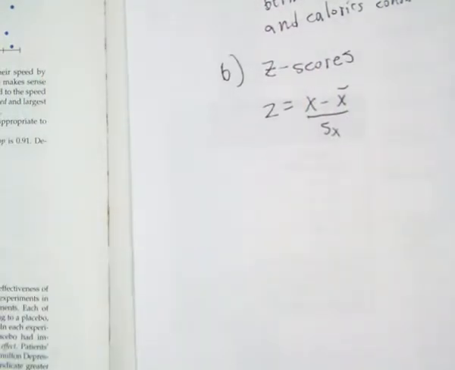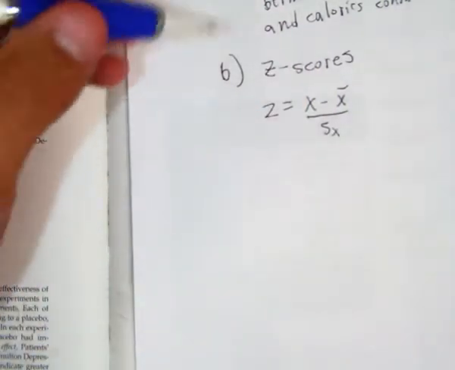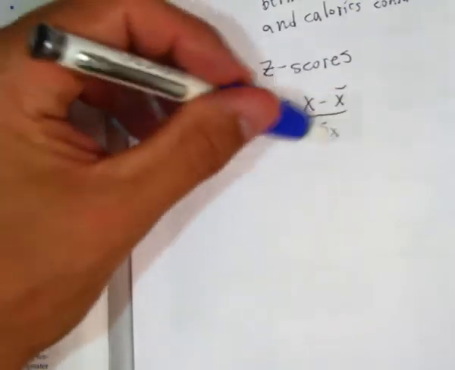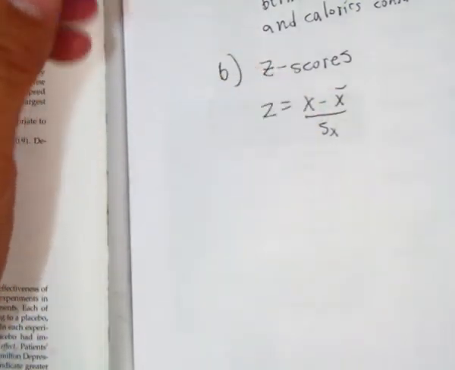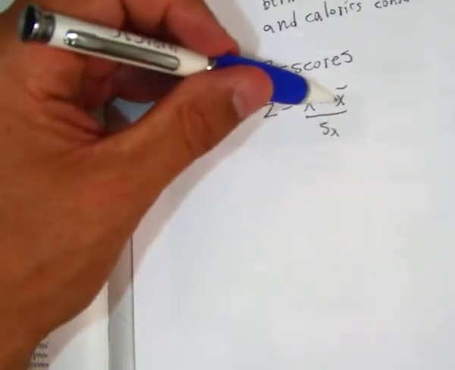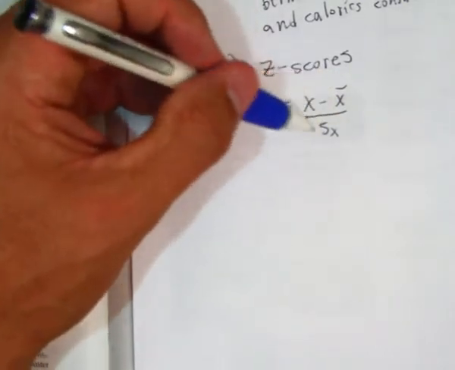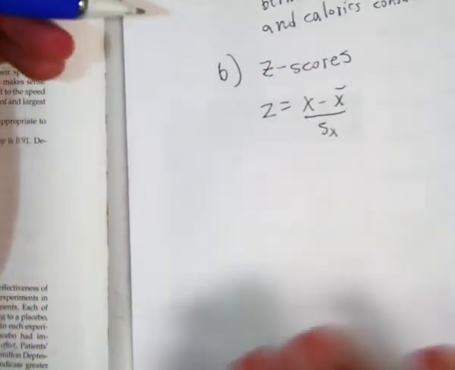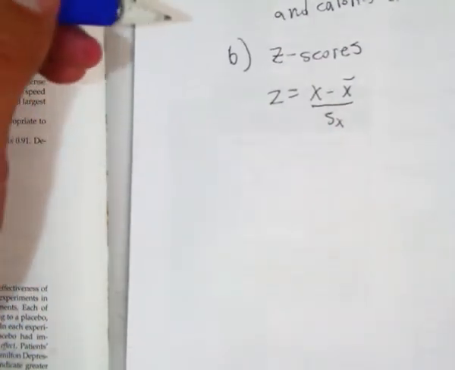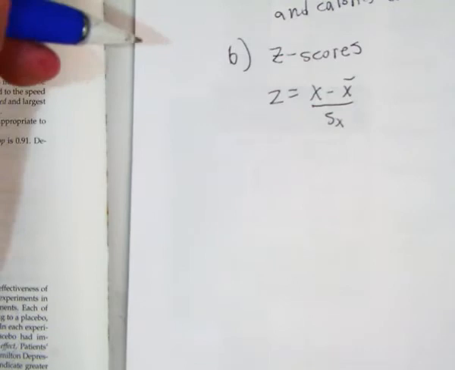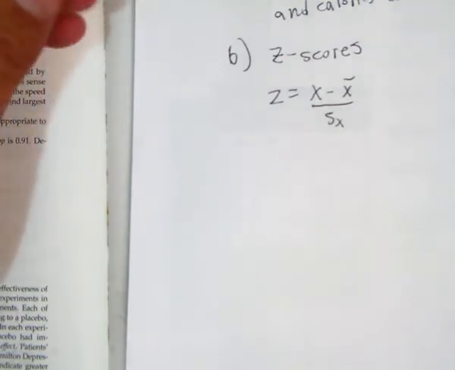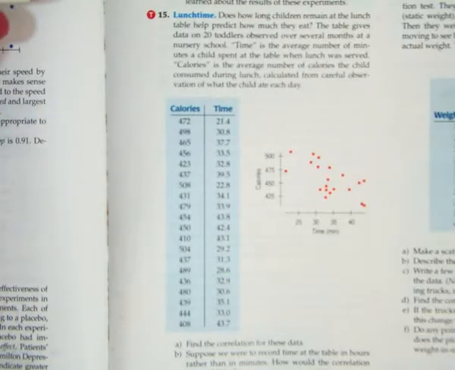Each of these z-scores does not change. Your mean will change and your standard deviation will change, but that ratio will not change. So if we switch units from minutes to hours, the correlation does not change.